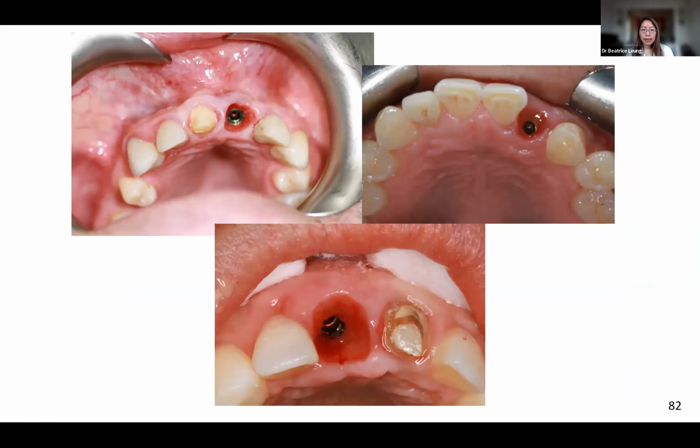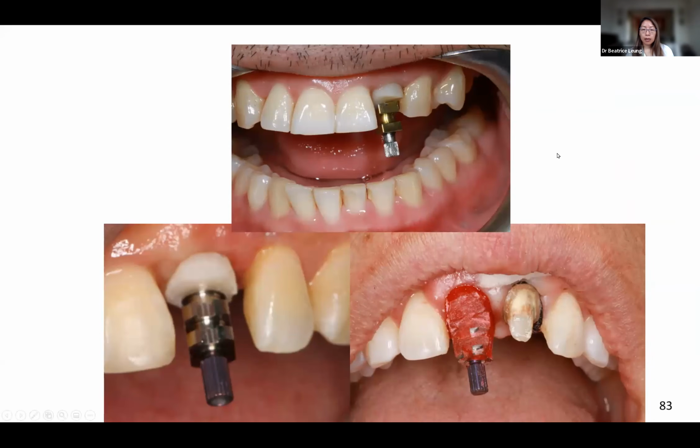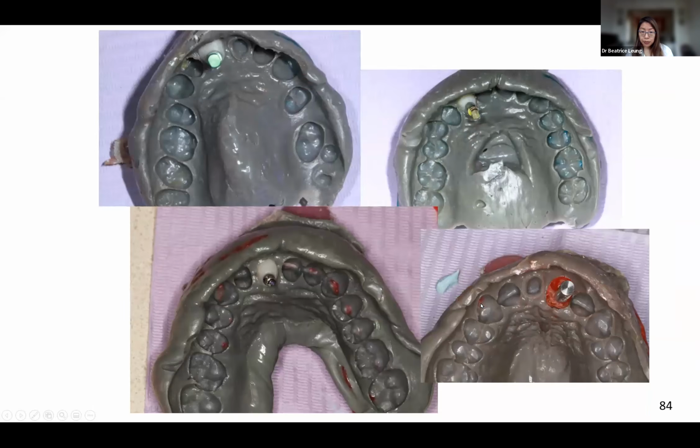Okay, so for these cases, these are the customized impression copings. Basically, it's just an impression coping where there's a ring of acrylic wrapped around it to support the soft tissue. So when you take the impression, it registers the shape of the soft tissue you wanted the lab to build to.